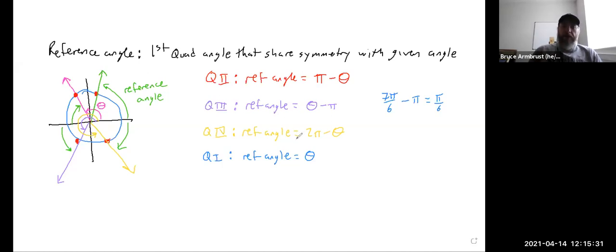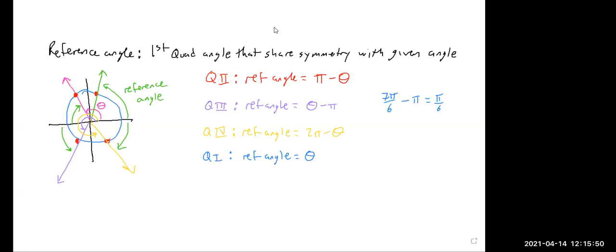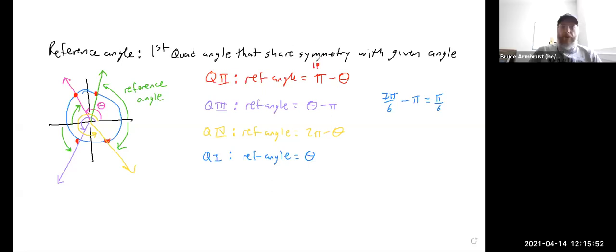Now, all these formulas I just gave you are in radians, right? How are these going to change if we're in degrees? What's the difference, say, in this red one if it was degrees? That's 180. Yeah, we just changed that pi to 180. So if you were in degrees, it would be 180 minus theta, right?